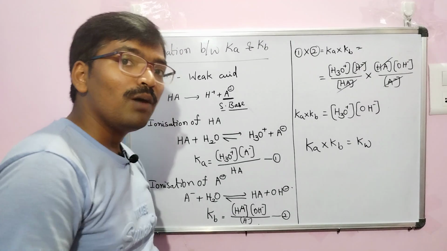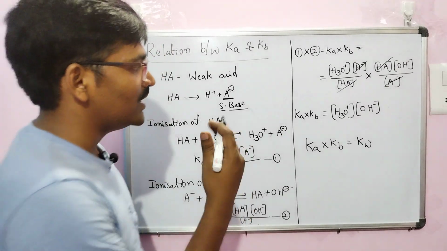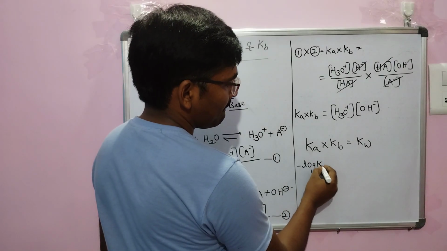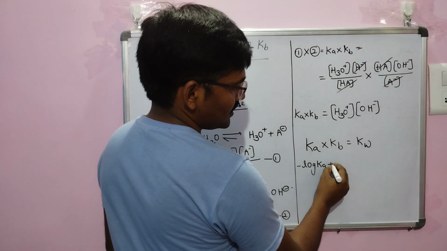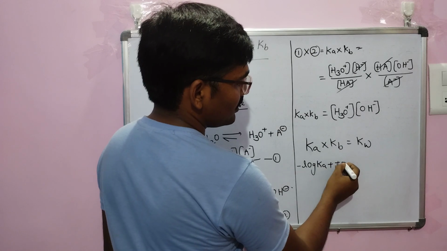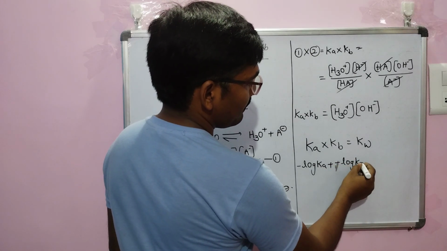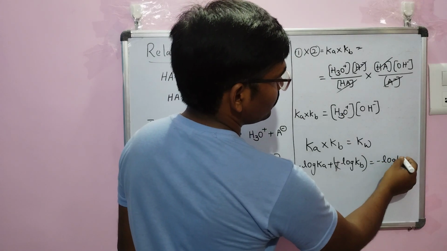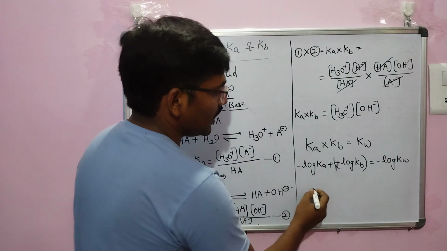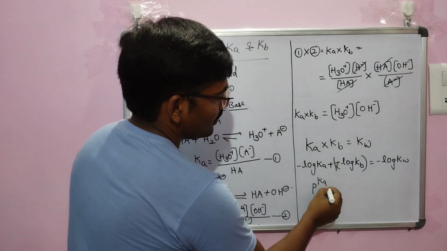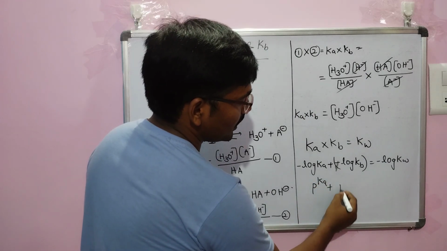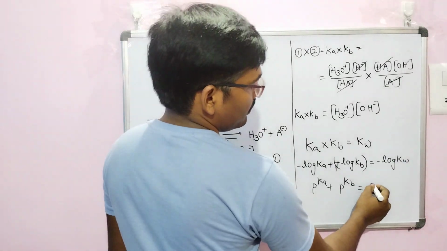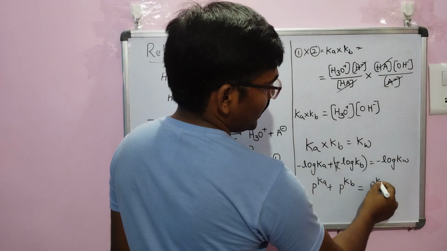If you apply the negative logarithm on both sides, minus log Ka plus minus log Kb equals minus log Kw. So minus log Ka is pKa, plus minus log Kb is pKb, equals pKw.